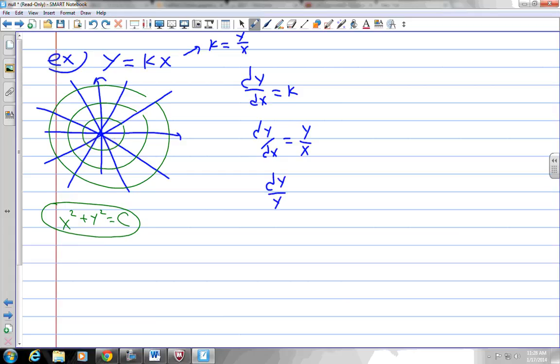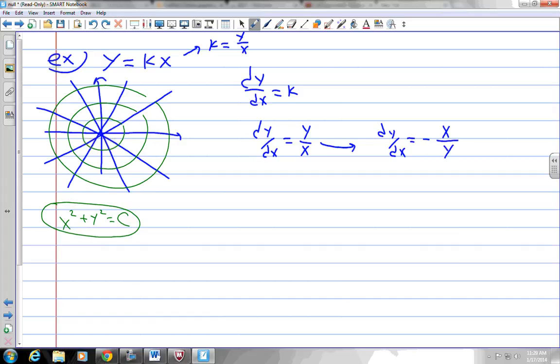I'm sorry, I'm forgetting one step. Yeah, the inverse. So the perpendicular slope, dy/dx, would be negative x over y. Is that okay?